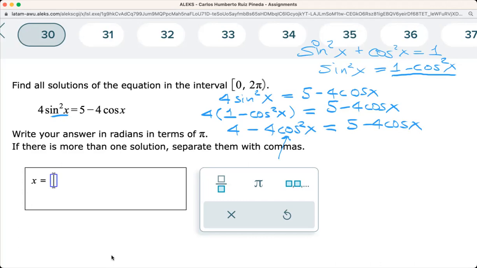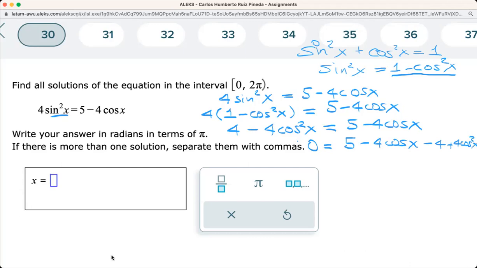Since we want the cosine squared of x to have a positive sign, we can send these two terms to the other side, so that we have 0 on this side, and on the other side we have 5 minus 4 cosine of x minus 4 plus 4 cosine squared of x.